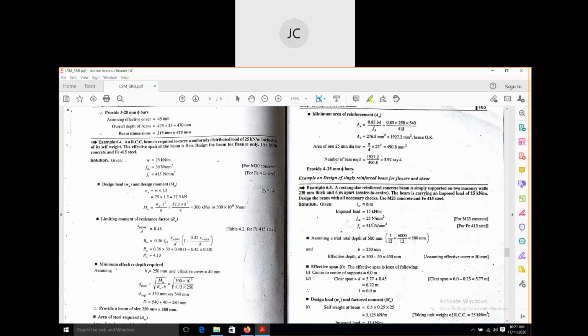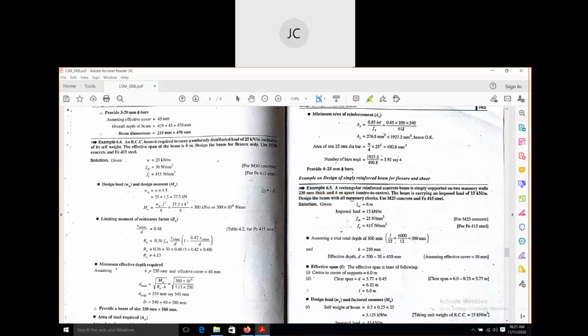You can see this question was solved in the last class. It is written: design the beam with all the necessary checks. That means after designing the beam, we have to check whether our beam is safe for deflection or not, and whether we have provided the necessary shear reinforcement or not.